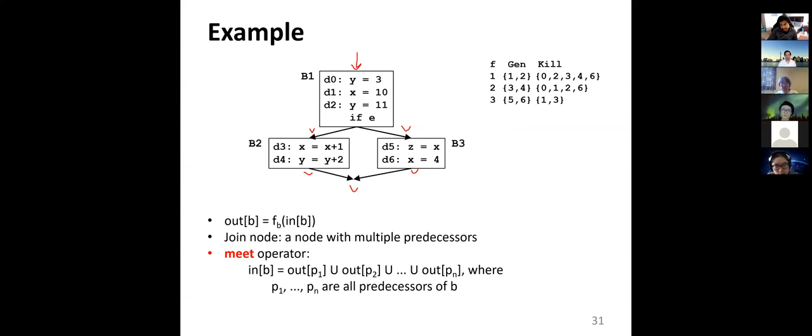So let me ask what would be the output on this edge, which is also the same as this edge. You need to do gen. So your input, remember, would be an empty set. Should be very easy, guys. Gen union empty set minus some kill set. So what is going to be the output here?